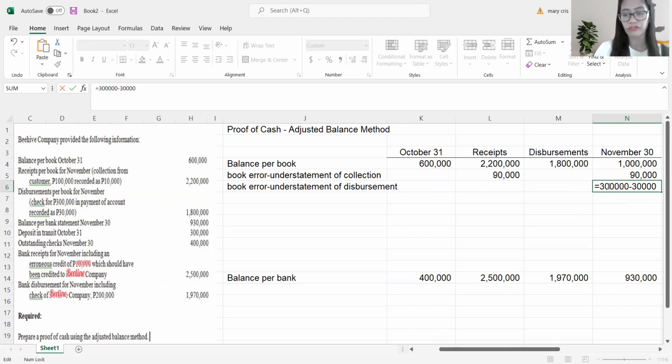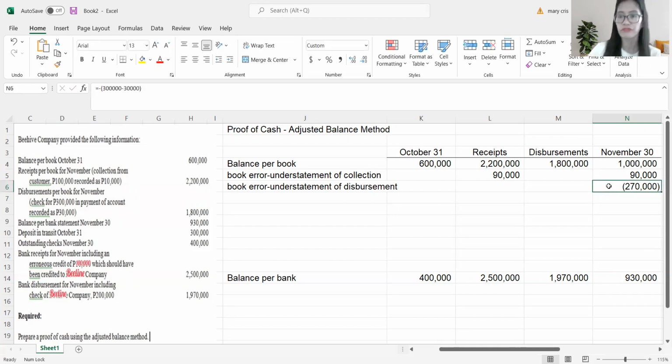And then you have to deduct it from our records. So, you have 270,000. Now, what is the effect of this 270,000?